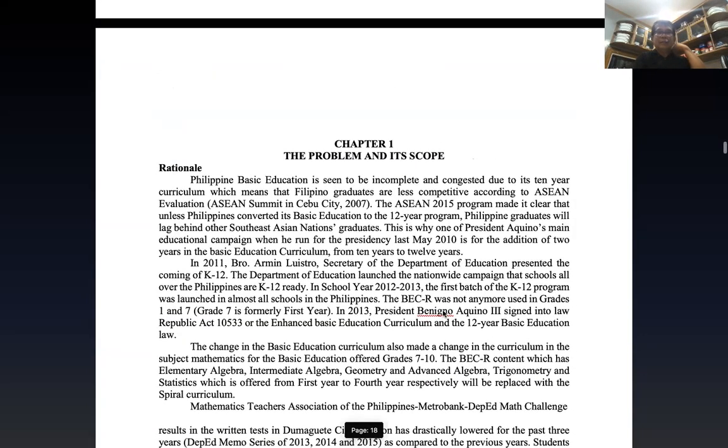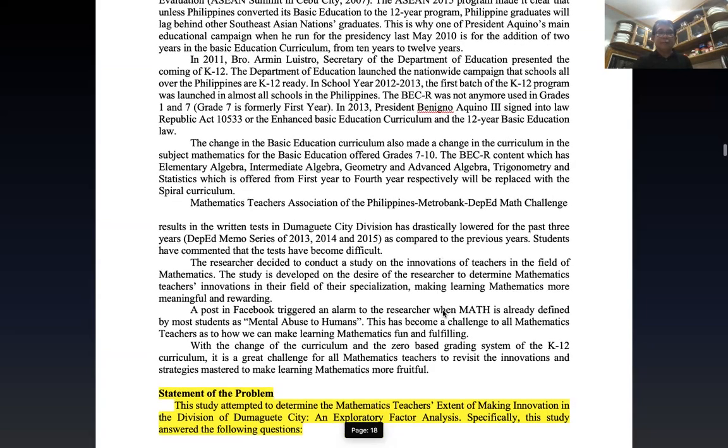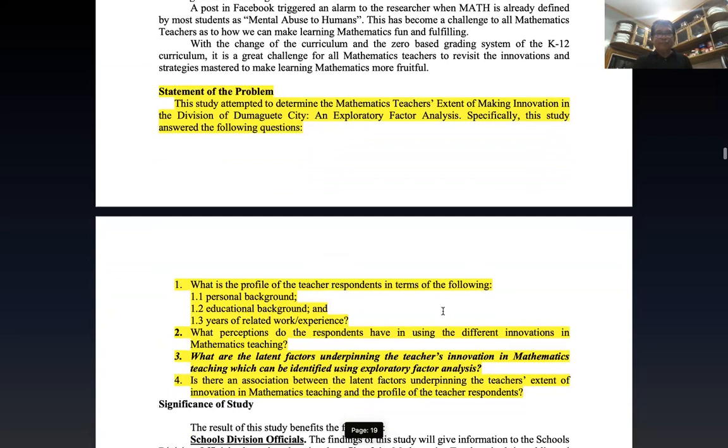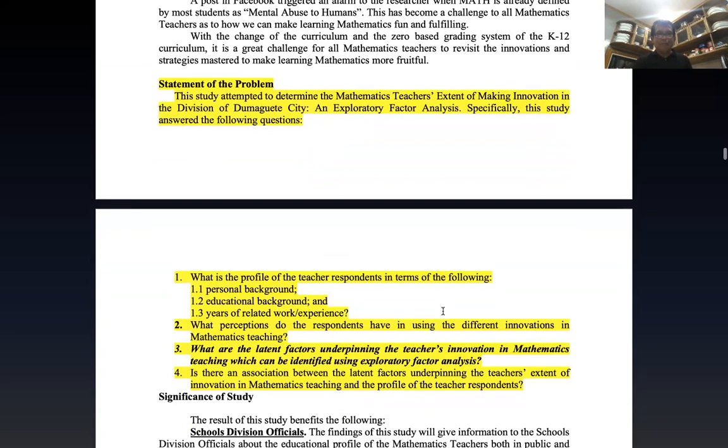So let me go directly to the statement of the problem. His thesis has a total of 4 specific problems. And problem number 3: what are the latent factors underpinning the teachers' innovation in mathematics teaching, which can be identified using exploratory factor analysis?